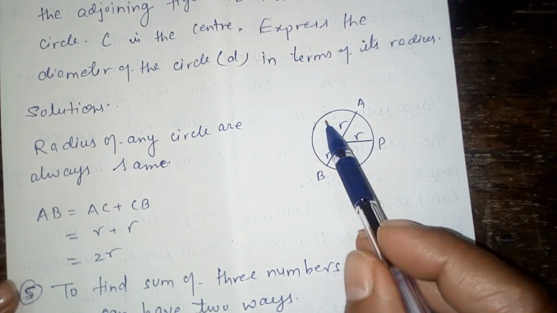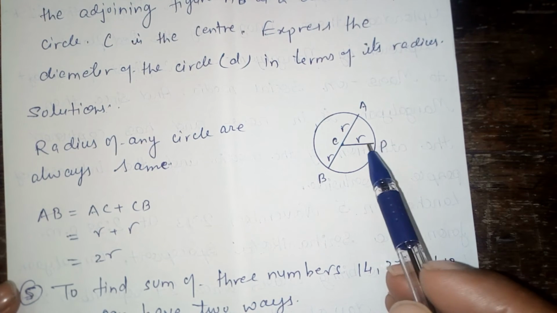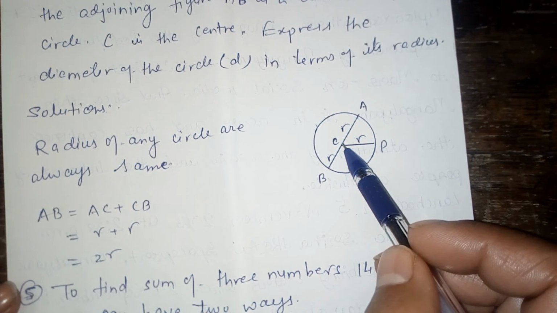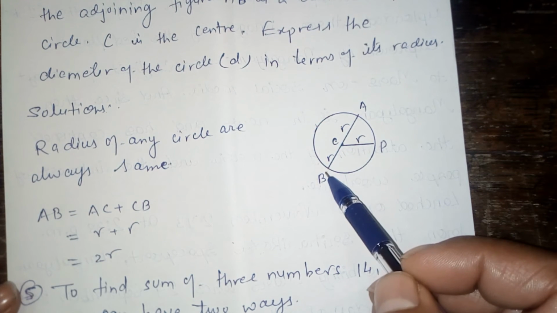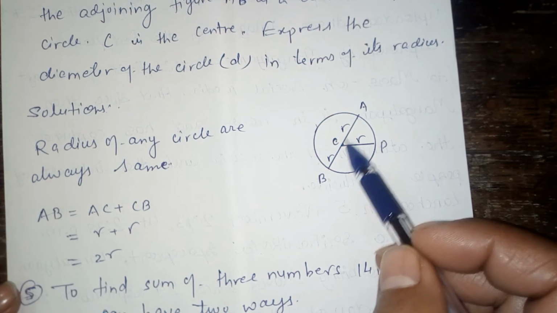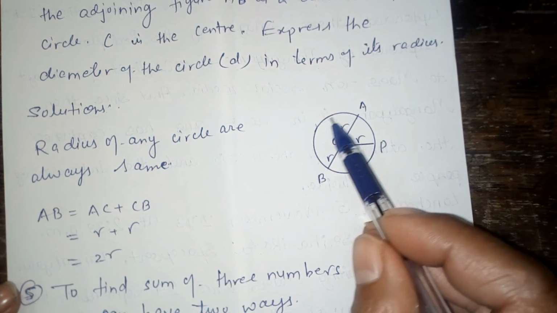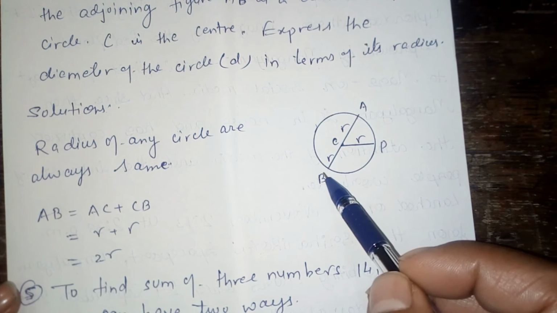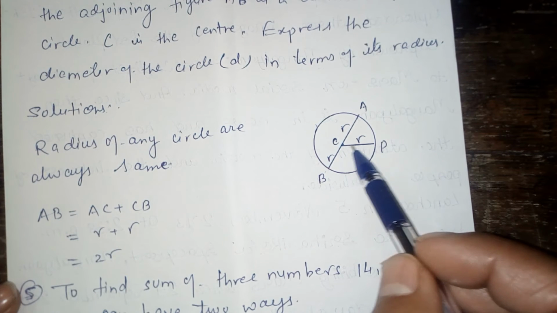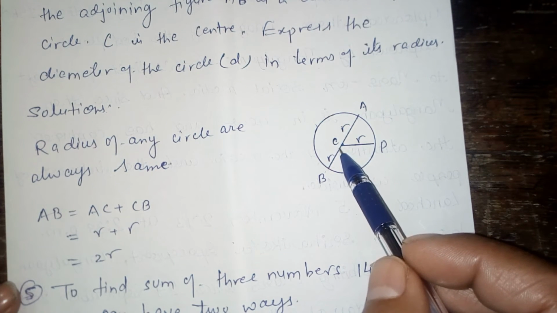This is the circle according to the question, and you know very well what the diameter is. A line segment joining two endpoints of the circle which passes through the center is called the diameter. In this circle, AB is the diameter and CD is a radius, and C is the center of the circle.